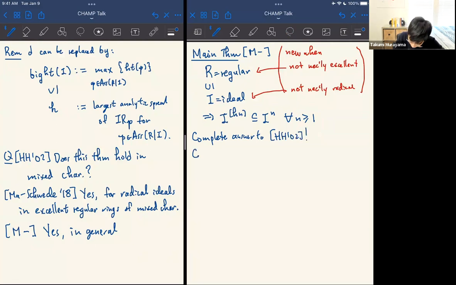And also, let me point out one corollary that I think is kind of interesting, which is that if R is a regular ring of finite Krull dimension, then R satisfies what's called the uniform symbolic topologies property.